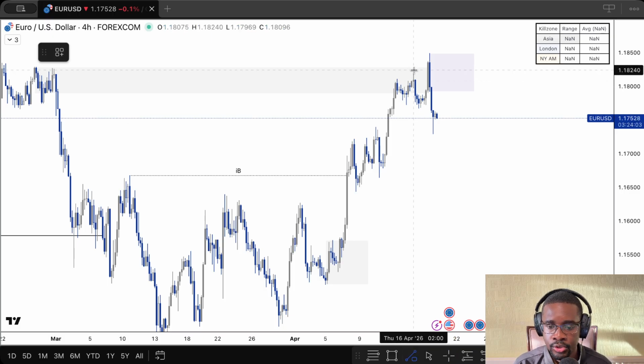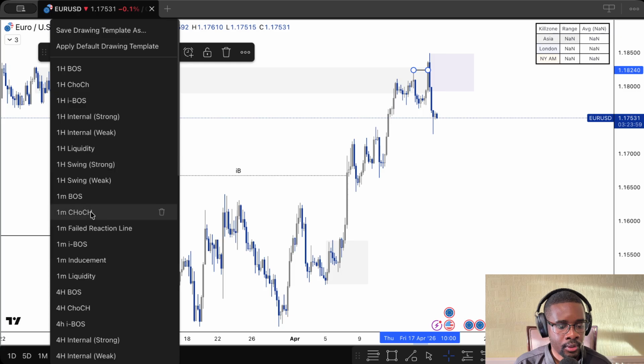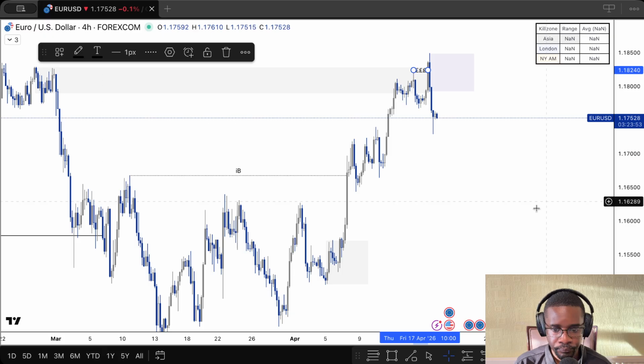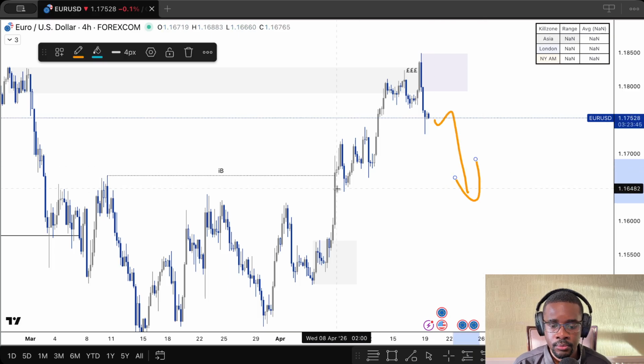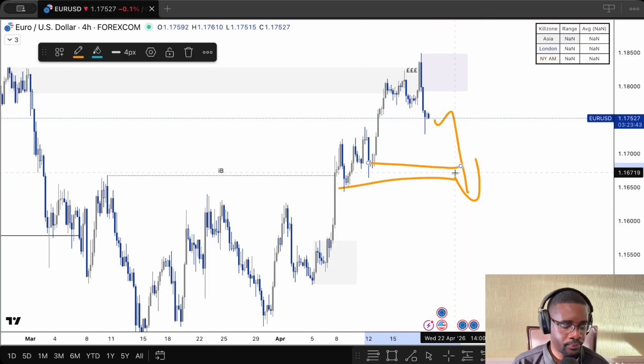So in that area it took this liquidity, and then we can see we're now having a very strong reaction to the downside. So expectation is continuation, maybe towards these lows.